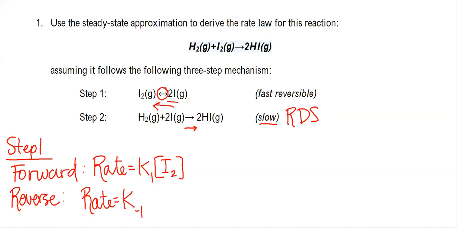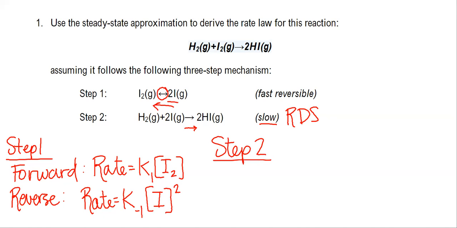So negative would mean reverse, times the I, and since it has a coefficient of 2, you would raise it to the second order. Okay, so those are both the rate laws for the 2 parts of step 1.